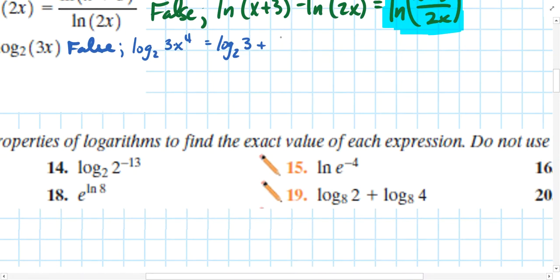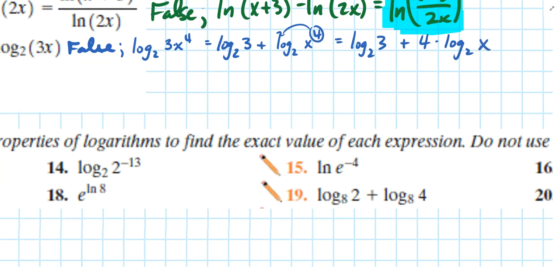Log base 2 of 3 plus log base 2 of x to the 4th power. And then we could bring down this exponent of 4 to the front after it has been identified as affecting only the argument of the logarithm. So we could say log base 2 of 3 plus 4 times log base 2 of x.